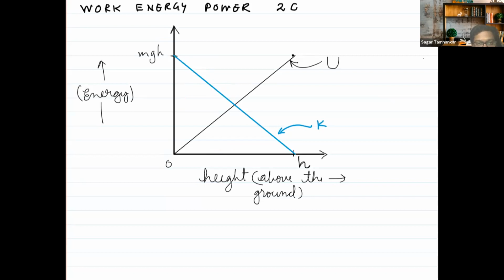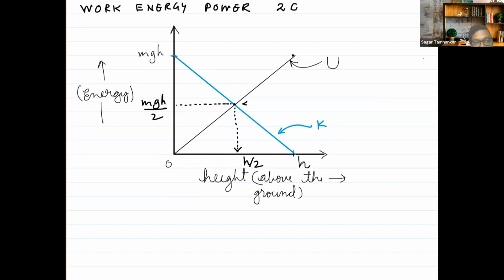Okay, now what more is this point of intersection? So at this point, the height is half and the energy is also half.